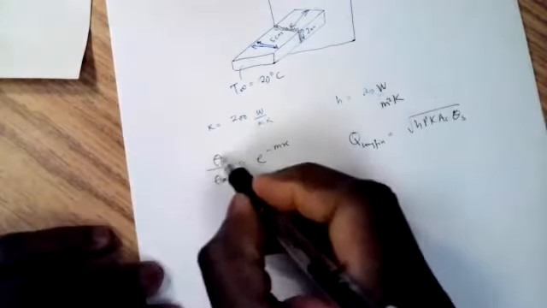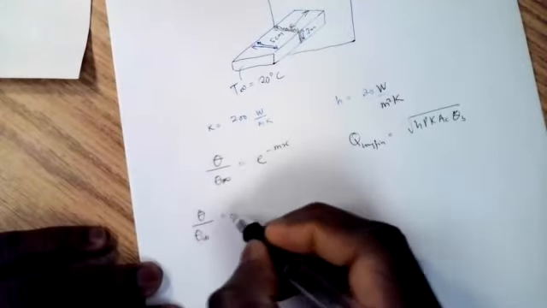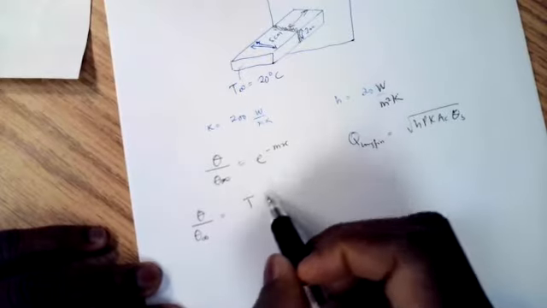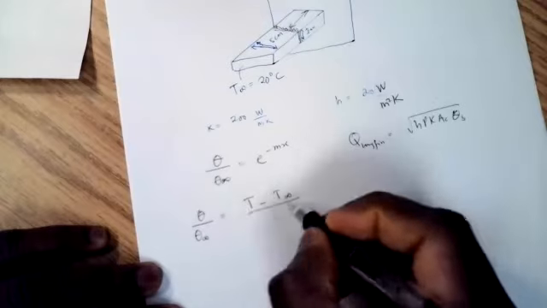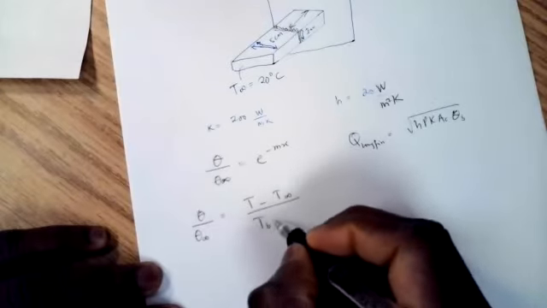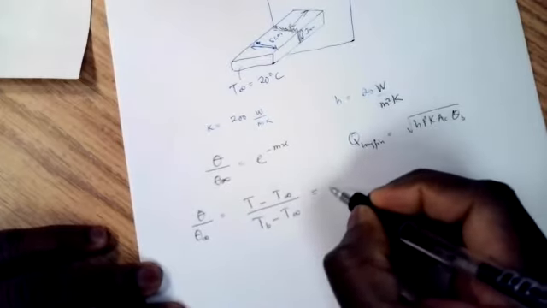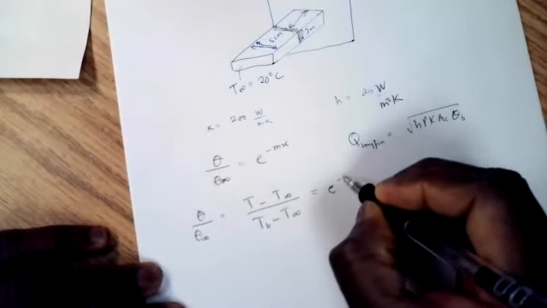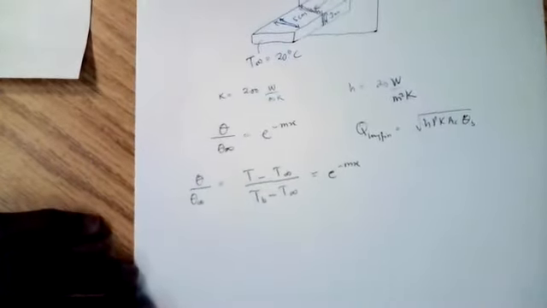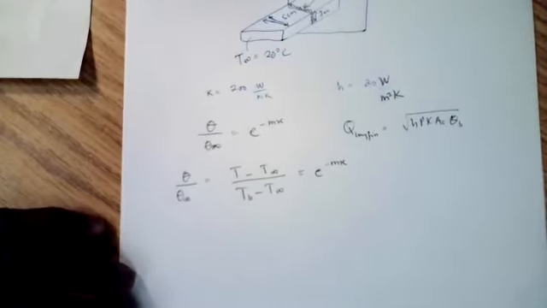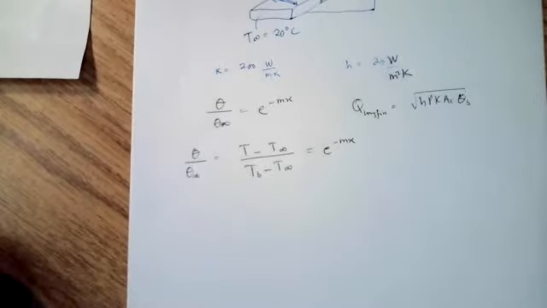We know this expression is just to show the temperature difference: T at the point of interest minus T infinity, over T at the base minus T infinity, is equal to e to the minus mx. I hope all these are not strange to you. I think you've done this in class.